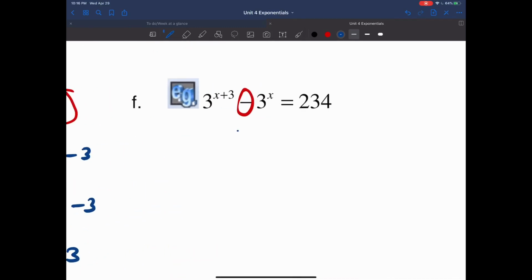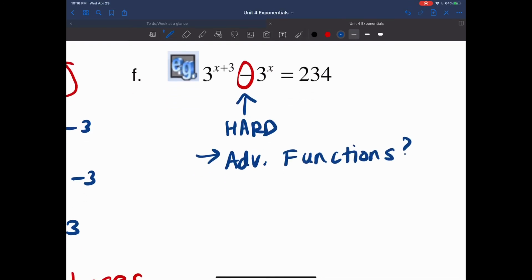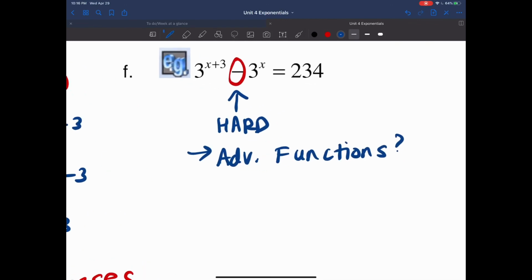Okay, so I'm just gonna write here, this is hard. I mean, this might have been easier if this was a multiplication or division, because we could apply product and quotient law.